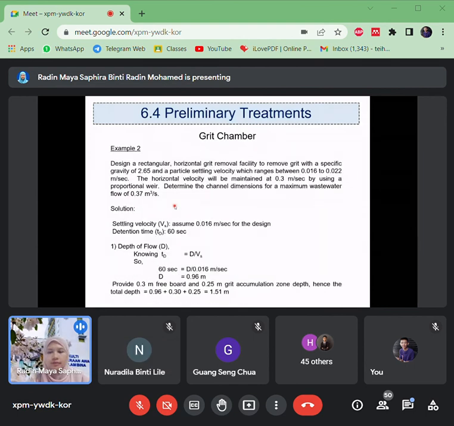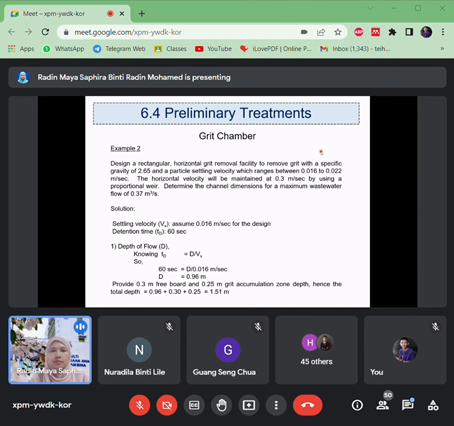So for this example, design a rectangular horizontal grit removal to remove grit. Grit ni something heavy, okay? Heavy like sand ke, gravel ke, benda batu-batu kan? Because we don't want this to disturb the process in the wastewater treatment plant.